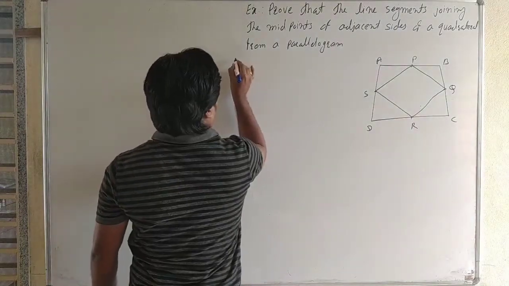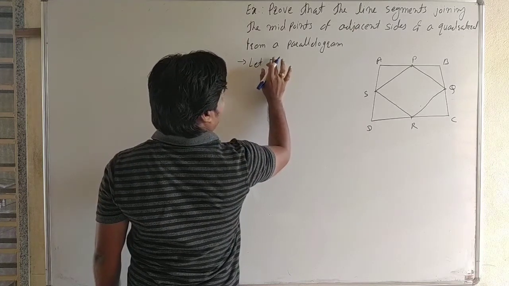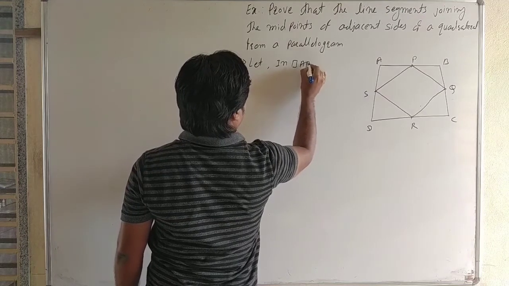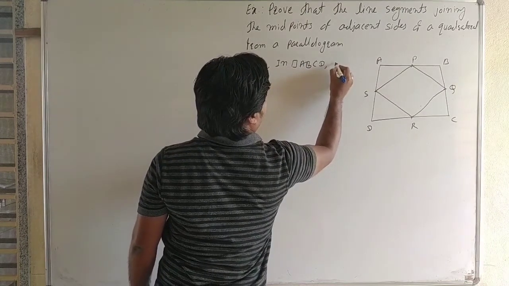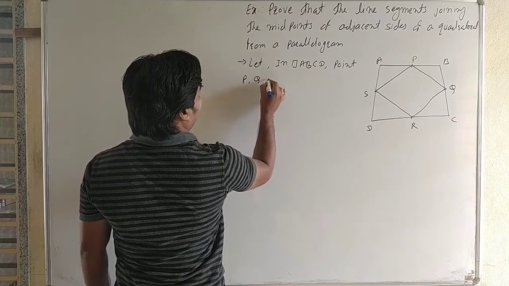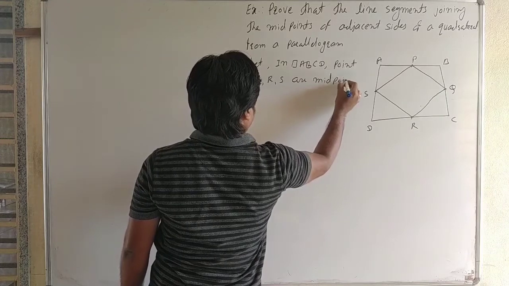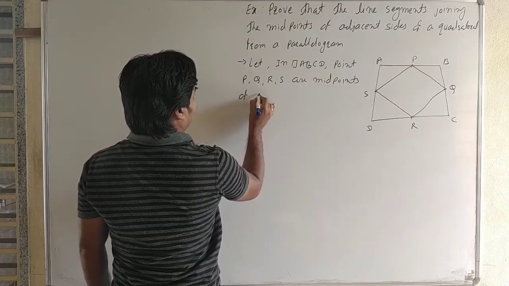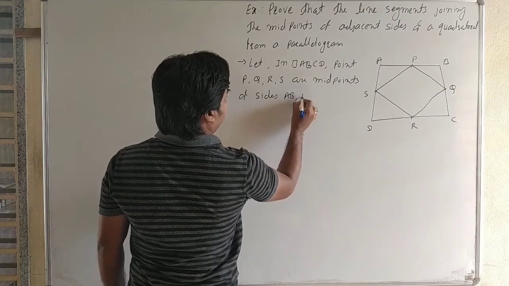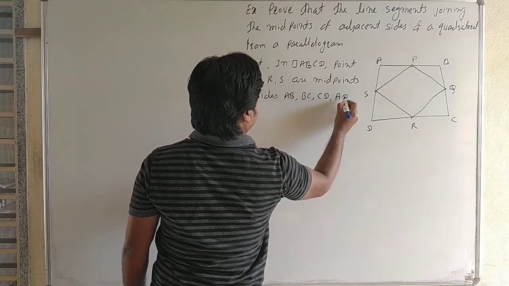Okay, now let in quadrilateral ABCD, points P, Q, R and S be the midpoints of sides AB, BC, CD and DA respectively.